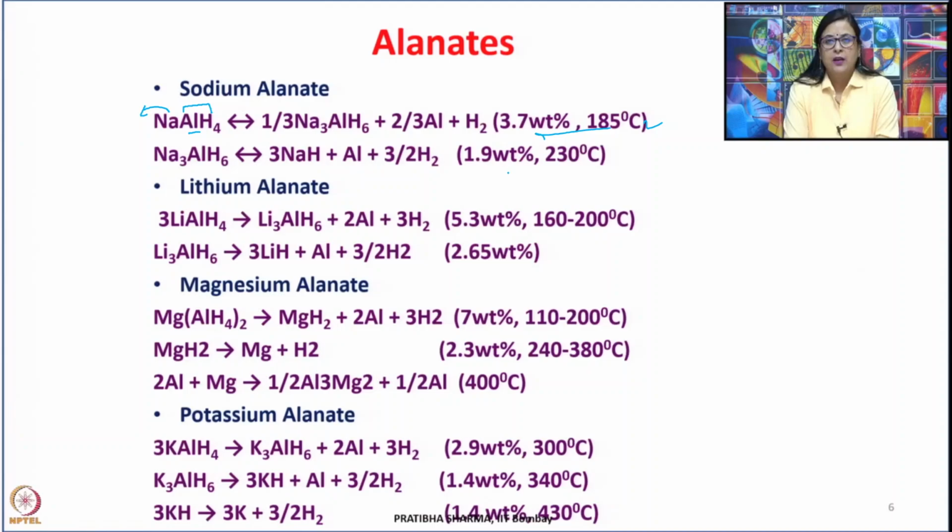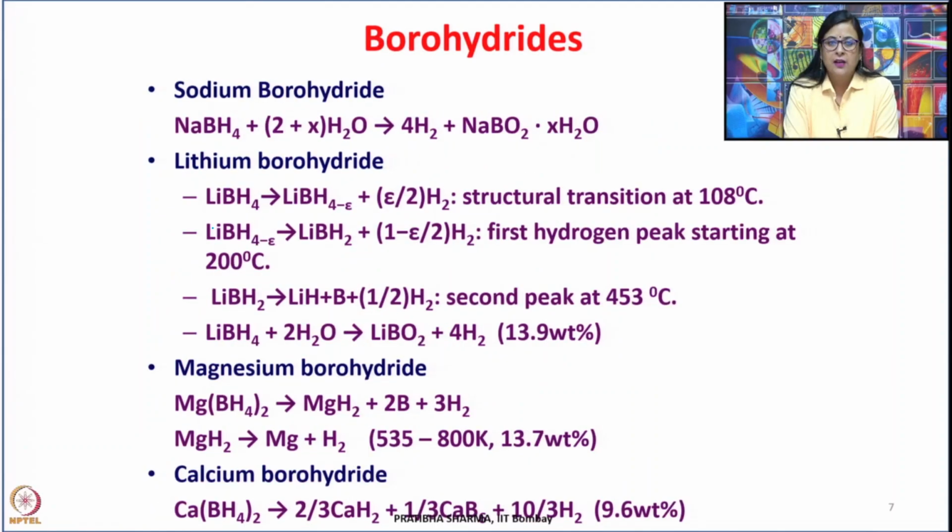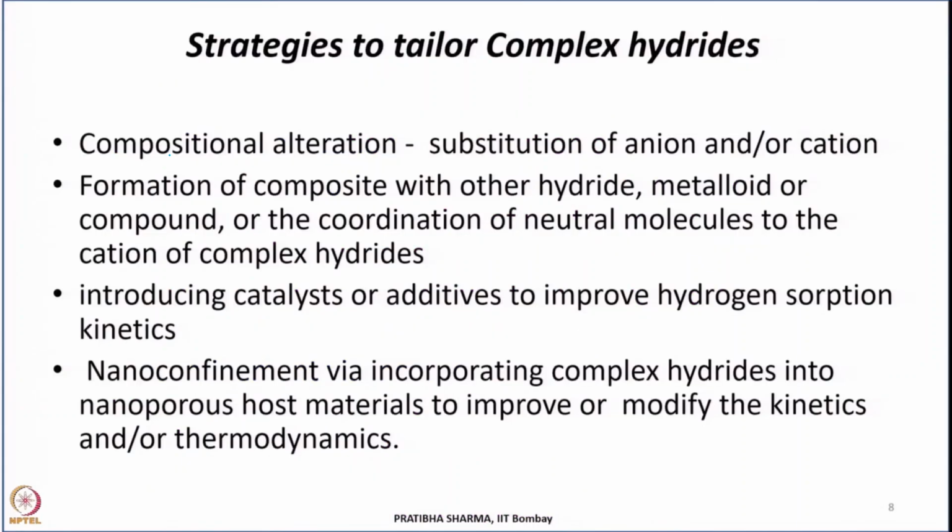Alanates means aluminium is there. Aluminium will be covalent with the hydrogen. Borohydrides, there is a boron. Sodium borohydride has sodium, boron, and hydrogen. This will form complex hydride, borohydride.